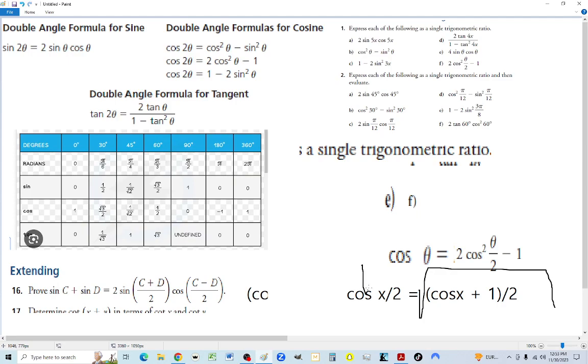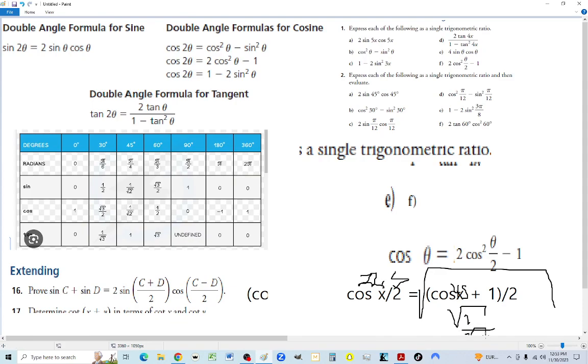Which means if I wanted to find, better yet, 22.5, 22.5 is a half of 45. So I can take the cos of 45, which is on our table, 1 over square root of 2 plus 1.